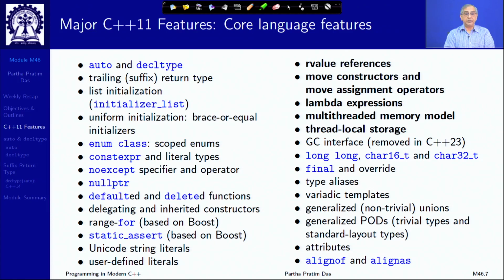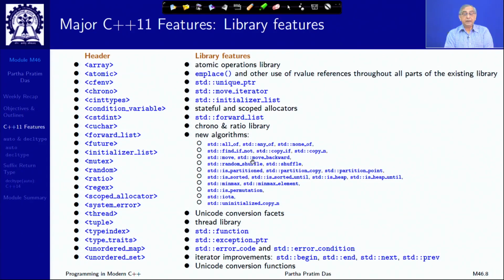And there are several others which are either convenience features that make C++ more amenable to generic programming and easier to write correct code, or they are features that are required for these advanced semantics to be provided in C++ 11. We will go over not necessarily each one of the features, but we will take up most of the major features while we discuss. Besides the core language, there have been significant additions to the C++ standard library.